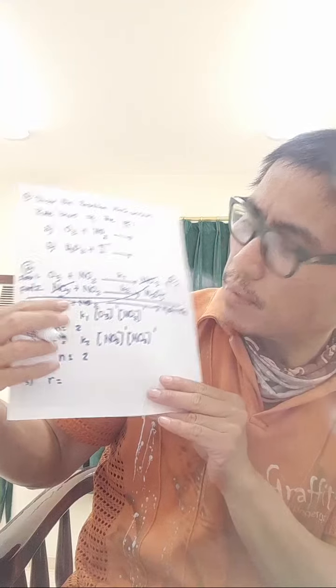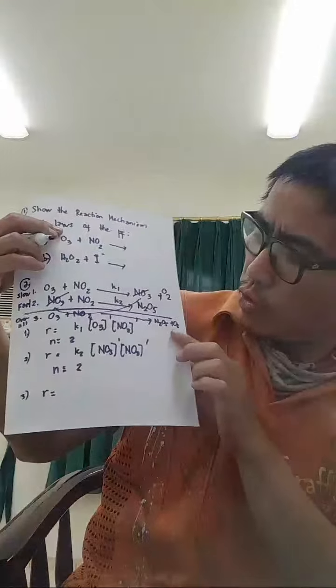So what is left will be O3 plus NO2 equals N2O5 plus oxygen gas. So this is our overall reaction.